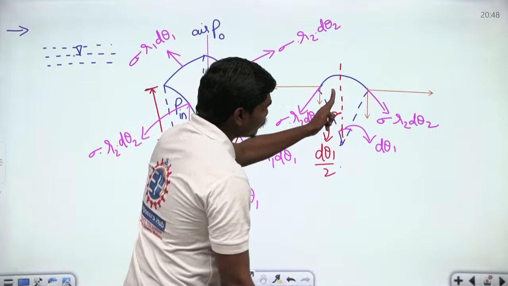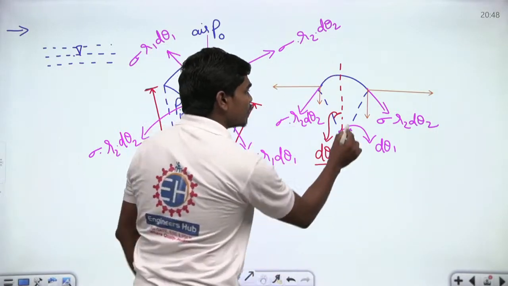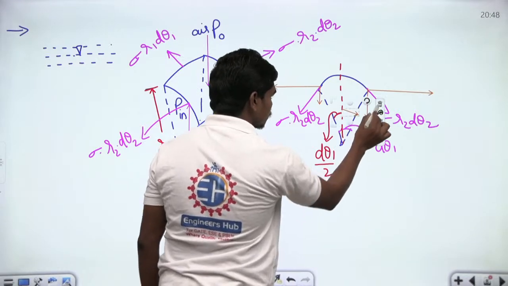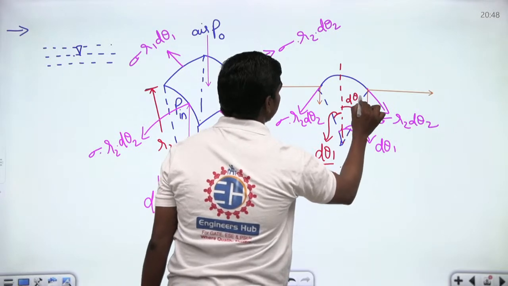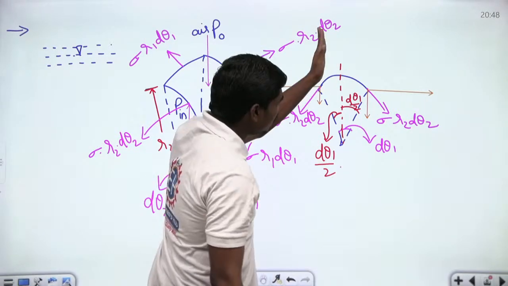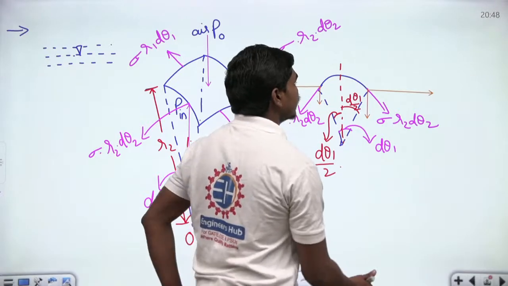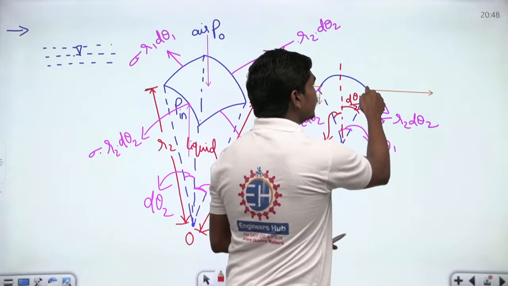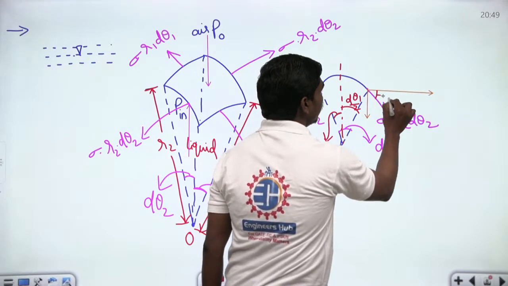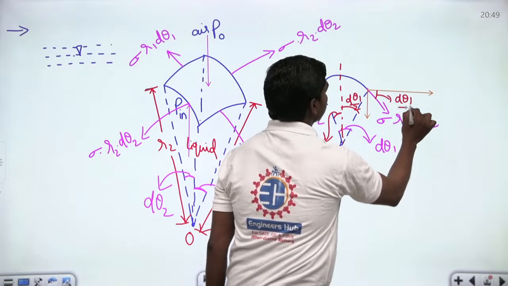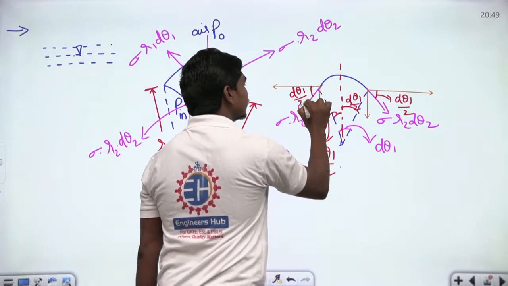The angle between the vertical and this is d theta 1 by 2, and this angle is also d theta 1 by 2. Then the angle between this plane, which is perpendicular to this, and this horizontal will also be d theta 1 by 2. Correct? Similarly here, d theta 1 by 2. Can you all understand that these two angles are d theta 1 by 2?